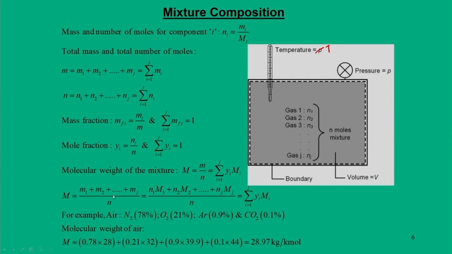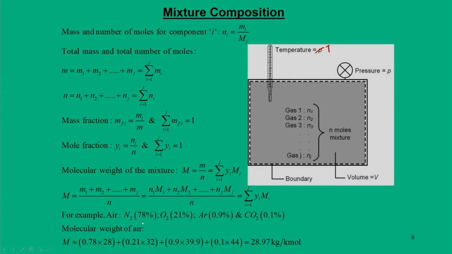This is because M is equal to M1 plus M2 plus up to Mj, divided by N, and each M is N1 M1, plus N2 M2, and so on. Likewise, we get the summation of Yi and Mi as the molecular weight of the mixture. This is how we calculate the apparent or average molecular weight of the mixture.